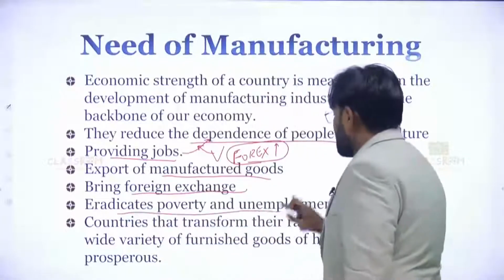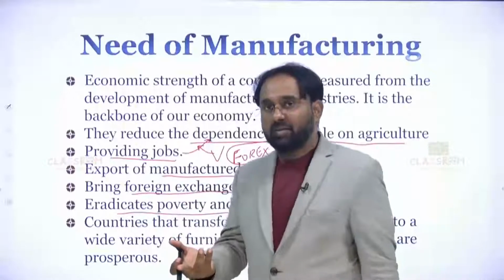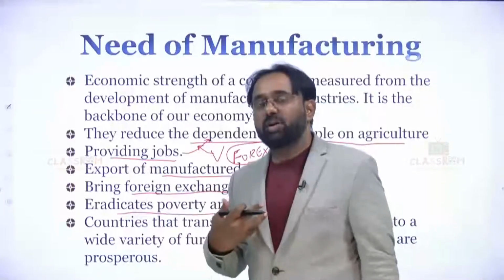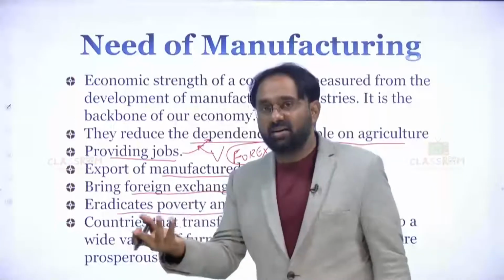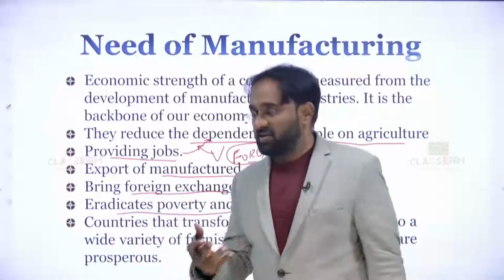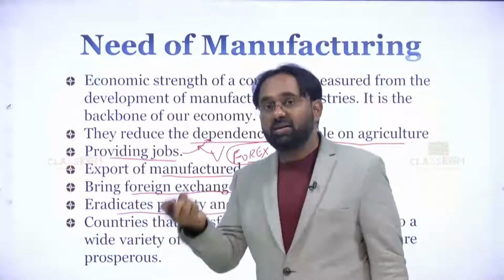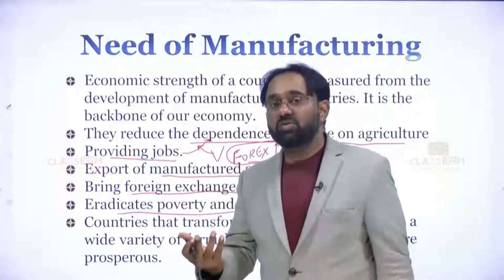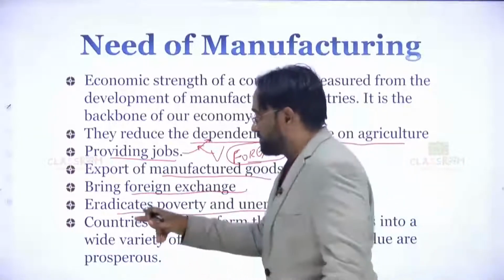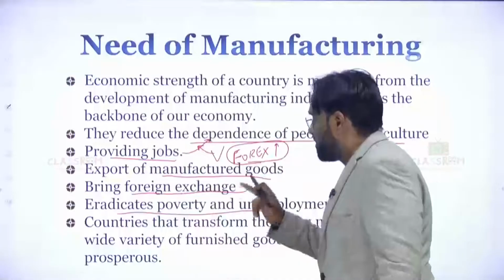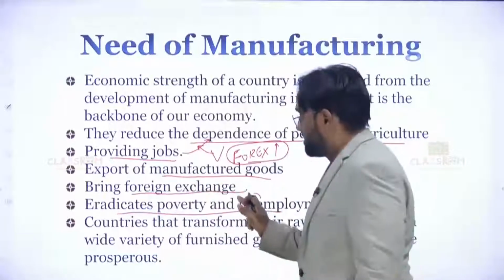Eradicates poverty and unemployment. If you excessively depend on agriculture, sometimes agriculture may not be able to provide employment, because it is seasonal in nature. At certain times there might be a decrease in agriculture production and demand, and because of which there cannot be sufficient employment opportunities. If there is no employment, that leads to poverty.